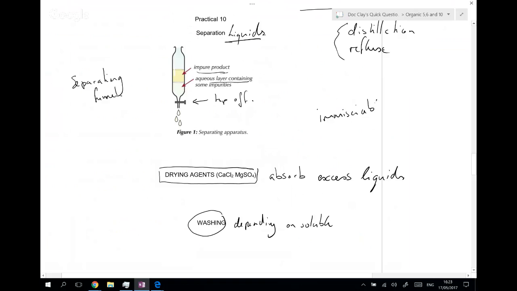Miscible means mix. Immiscible means do not mix. So these 2 layers that we're seeing here are immiscible. Once you've got your impure product, you could then do the distillation that we've seen before to purify your liquid in that way.